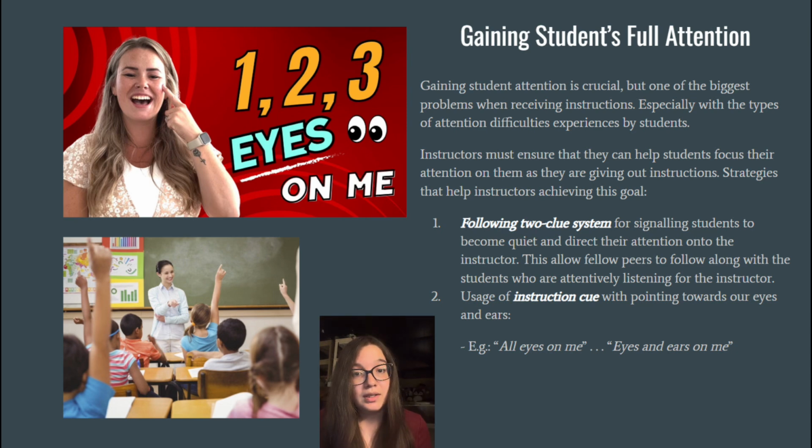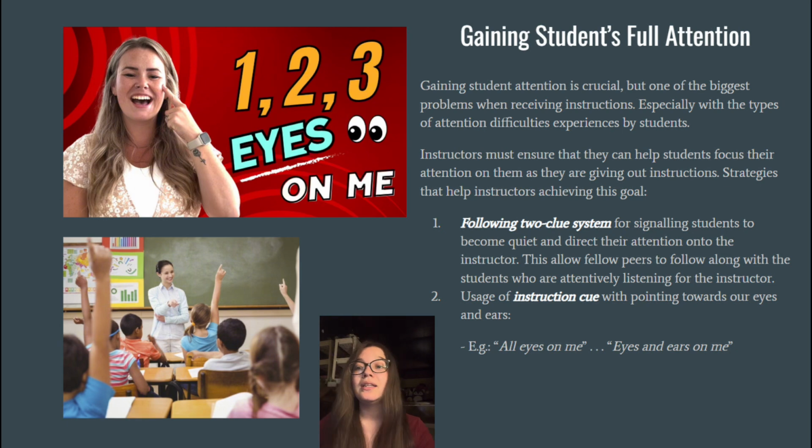And when a student quiets down and stares at the instructor, other fellow peers tend to follow along, and now everybody is very attentive and patiently waiting for the instructor to start on directions.